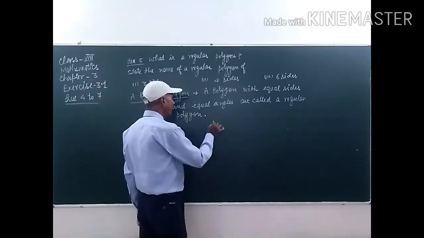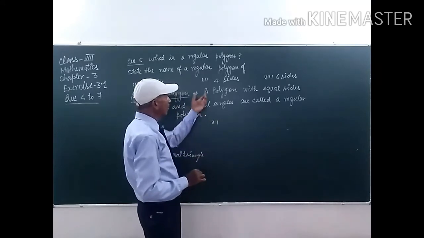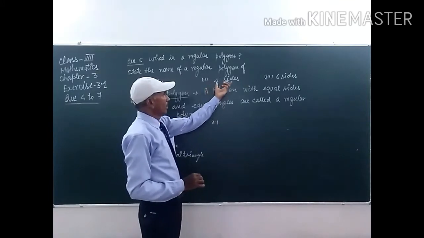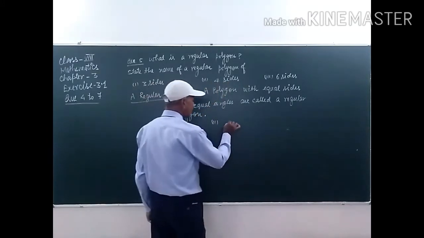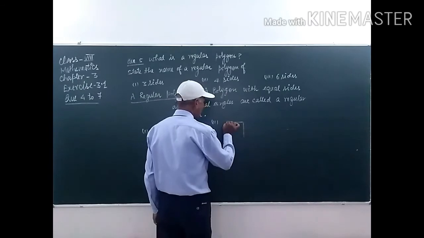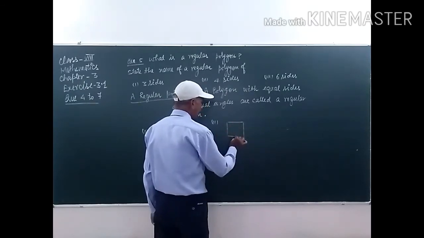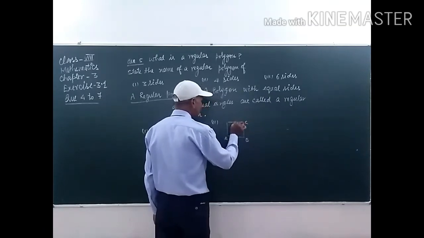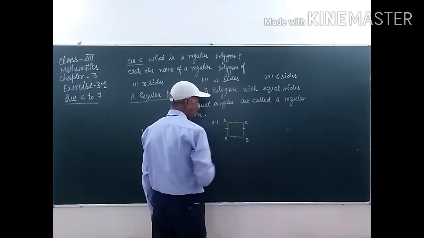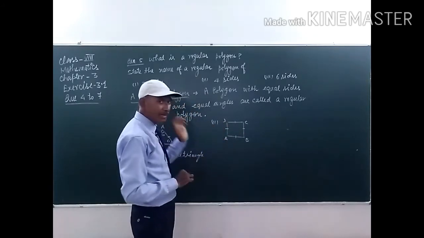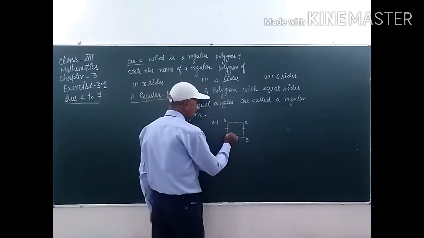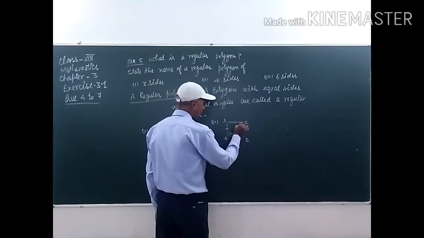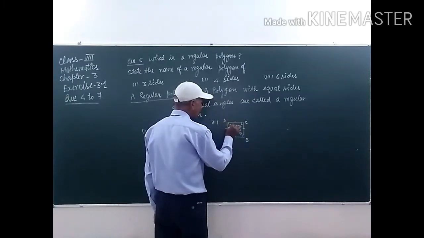And in the second part, this one is a four-sided figure whose all sides are of equal length. This one AB is equal to BC is equal to CD is equal to DA. All the sides are equal, student, and this one measures 90 degree, this one also 90 degree, this one 90 degree and this one also 90 degree.